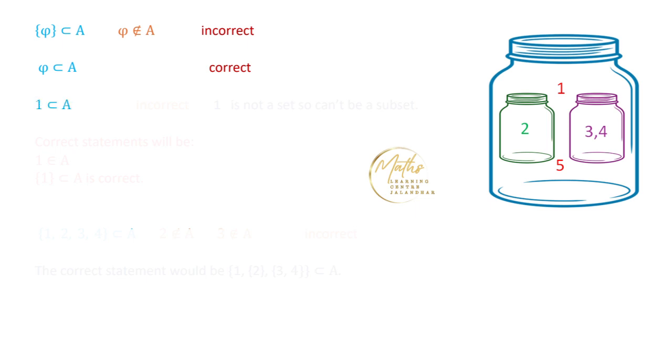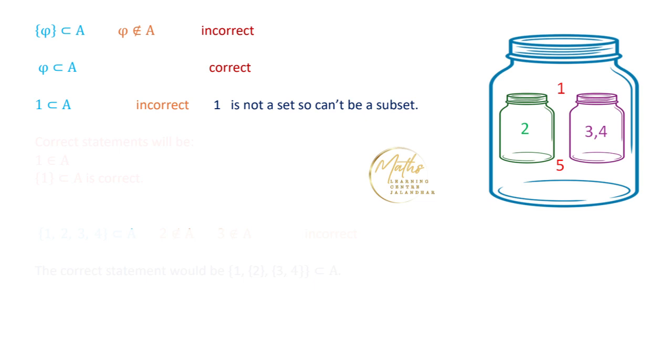Next is, 1 is a subset of A. In this case we are saying this statement is incorrect, because this 1 is an element, a number, and we are treating it as a number. So 1 is not a set, so it can't be a subset.